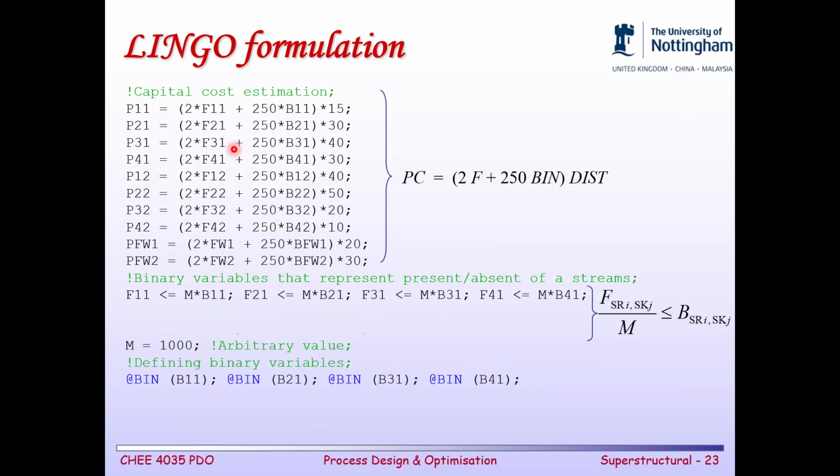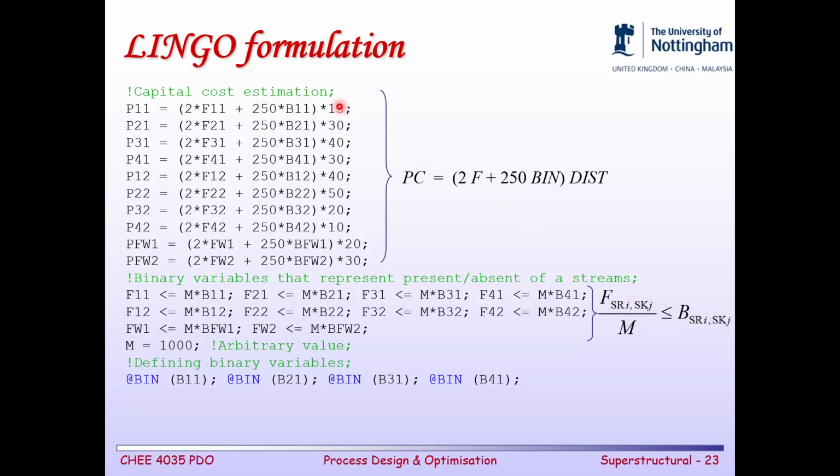And we have an additional constraint for the binary variables. Notice that these are our binary variables, and we use the following inequality equation to generate the binary variable. Depending on the value of the flow rate, this will either be 0 or 1.